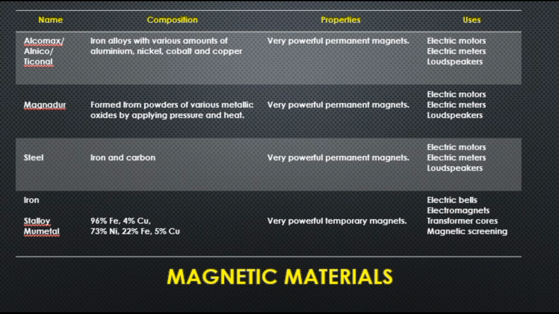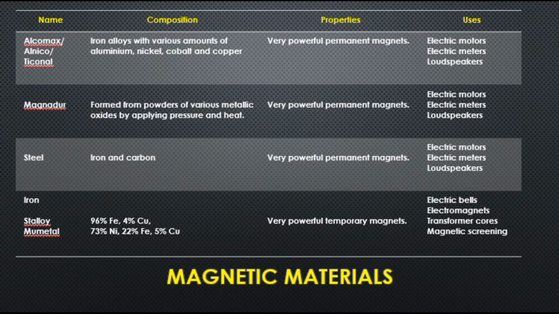The table below gives a list of some magnetic materials. The name, composition, and properties and uses. The first one, name, alcomax / alnico / ticonal.